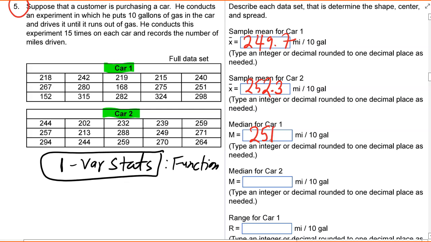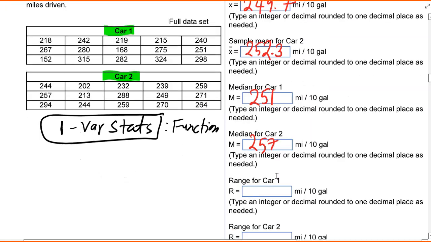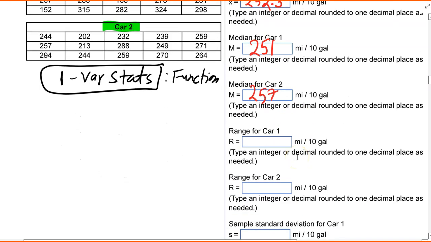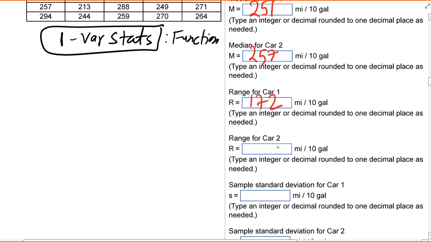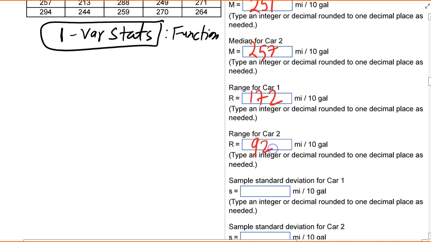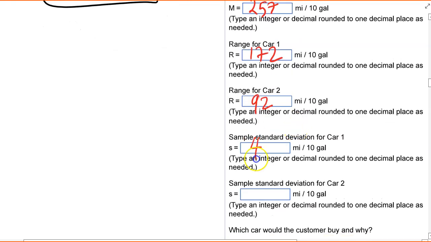The median of car 2 is going to be 257. The range of car 1 is going to be 172. The range of car 2 is going to be 92. The sample standard deviation of car 1 is going to be 49.7. The sample standard deviation for car 2 is going to be 25.